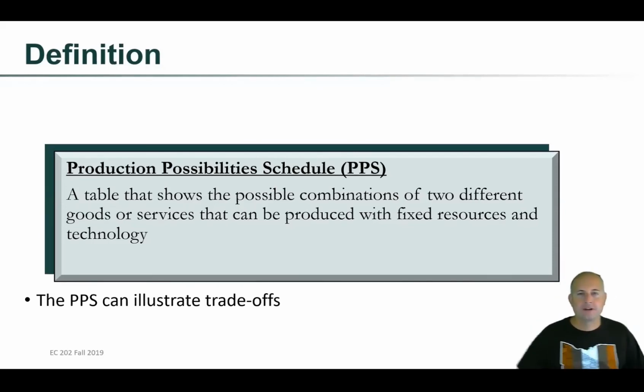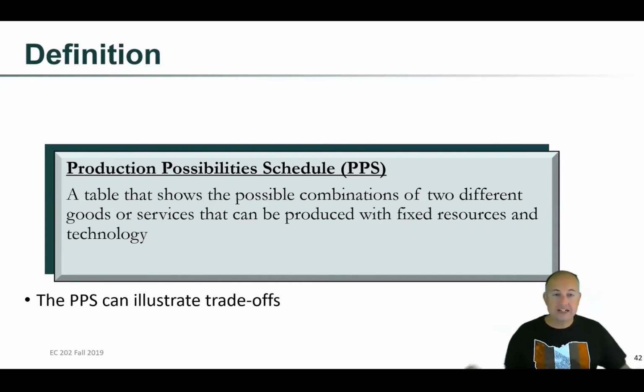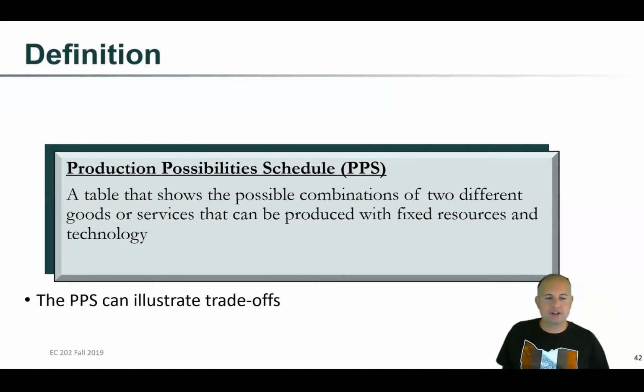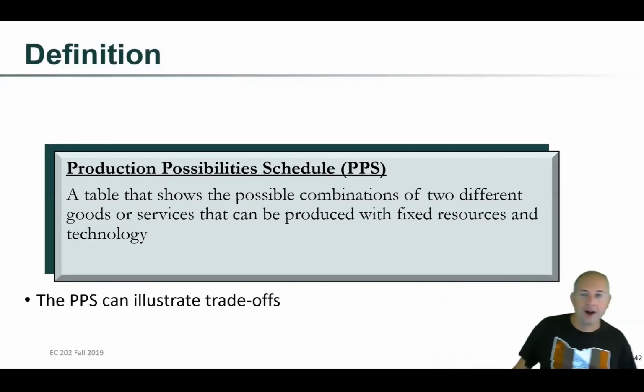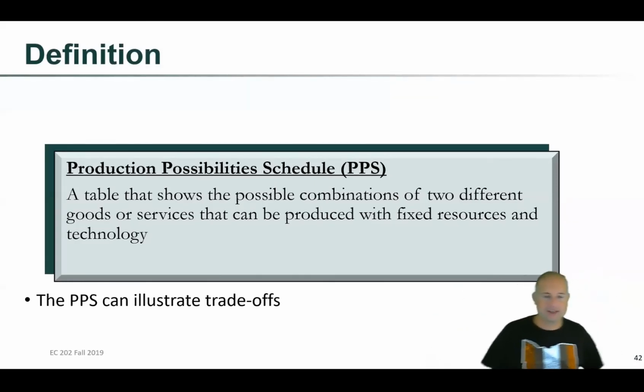So that's what we have here. Fixed resources is just 20 tablespoons of cocoa powder. Technology is sort of the bakery, whatever else. And the main thing we do here is that the production possibility schedule can illustrate trade-offs.